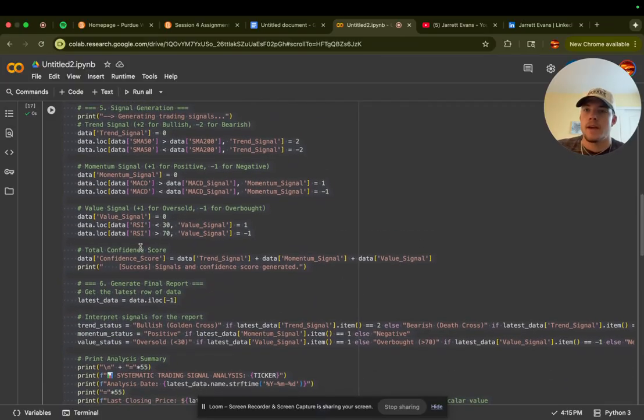The trend SMA is bullish, golden cross with a score of +2. So this is a strong positive sign. And it tells us the 50-day moving average is above the 200-day average, meaning the long-term structure of the market for Apple is indeed positive.